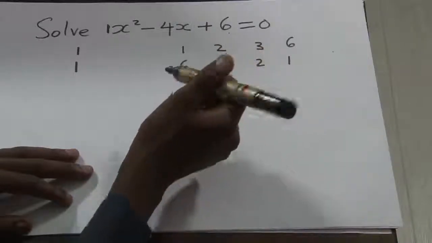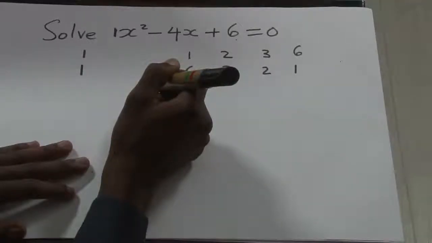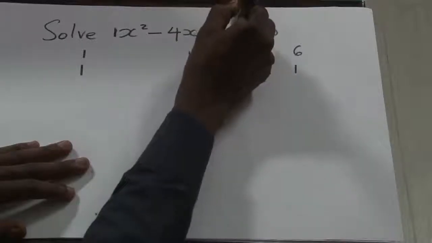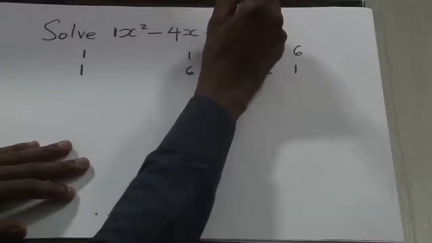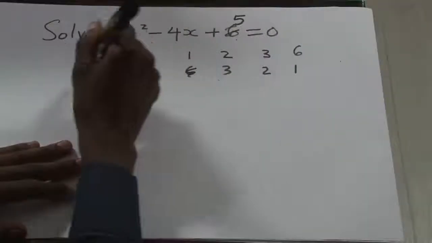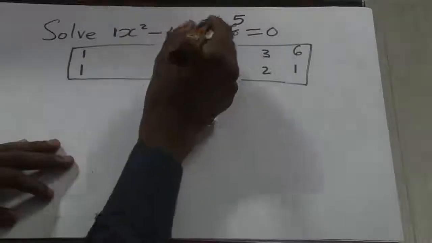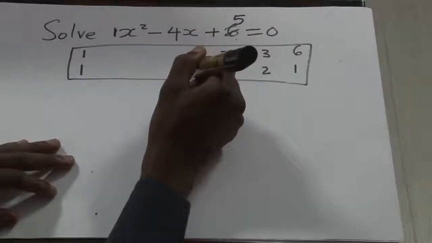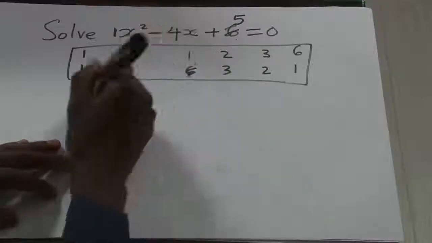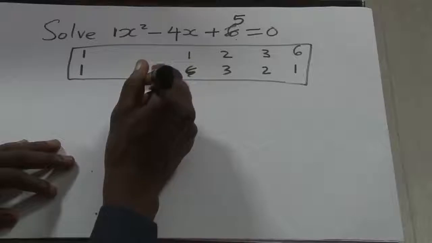I think because it's an assumption, it might not be working out, but okay, let's make this a 5. So factors of 5, it's 1 and 5, so it should be a -1, a -5, and a +1.